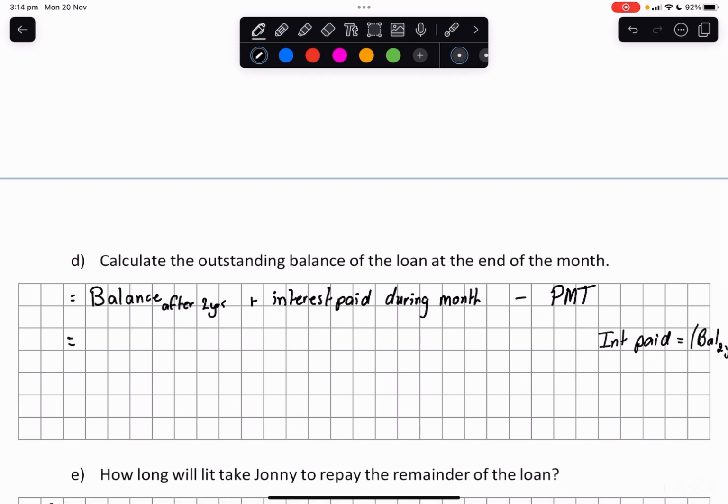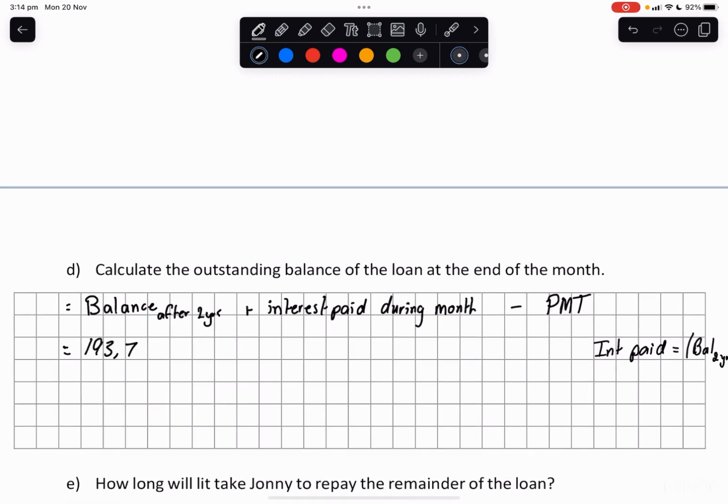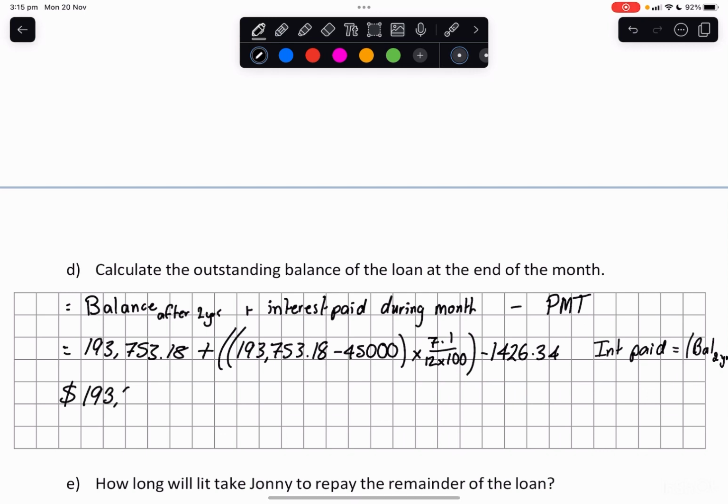So let's plug all of our numbers in. So the balance after 2 years was $193,753.18, minus 45,000 for my offset, times by 7.1 divided by 12 times 100 for my monthly interest rate, and minus my PMT 1426.34, and the balance ends up being 193,206.96.